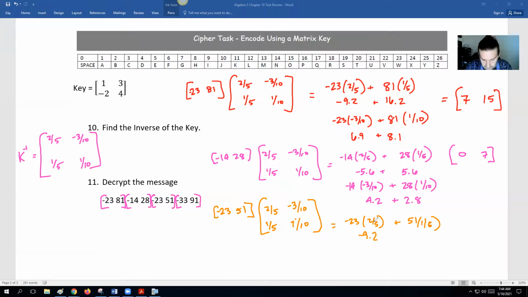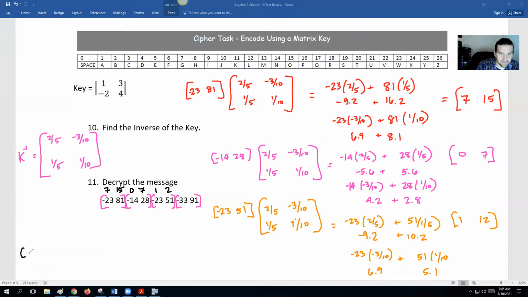And then 51 times 1/5 is 10.2. Add them together, that's just straight up 1. All right, so negative 23 times negative 3/10, I know that's 6.9. And then 51 times 1/10 is 5.1. If we add them together, that's 12. Okay, 1 more to go. Kind of running out of room, so I'm just going to write this here. We got 7, 15, 0, 7, 1, 12.